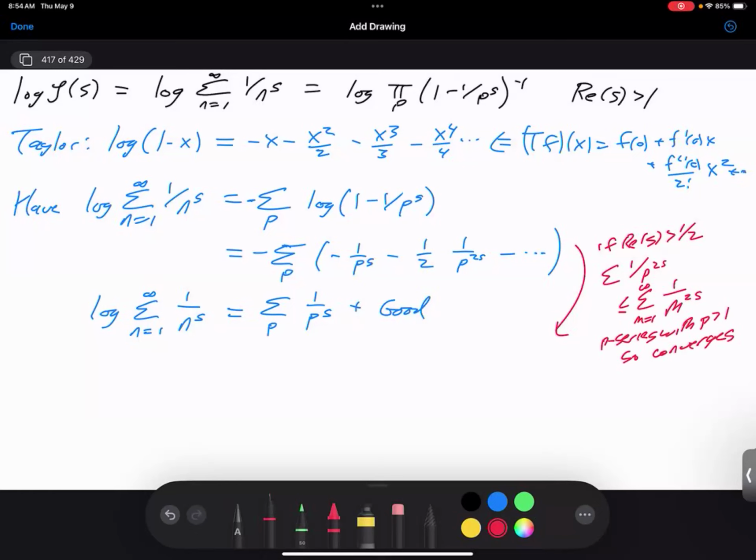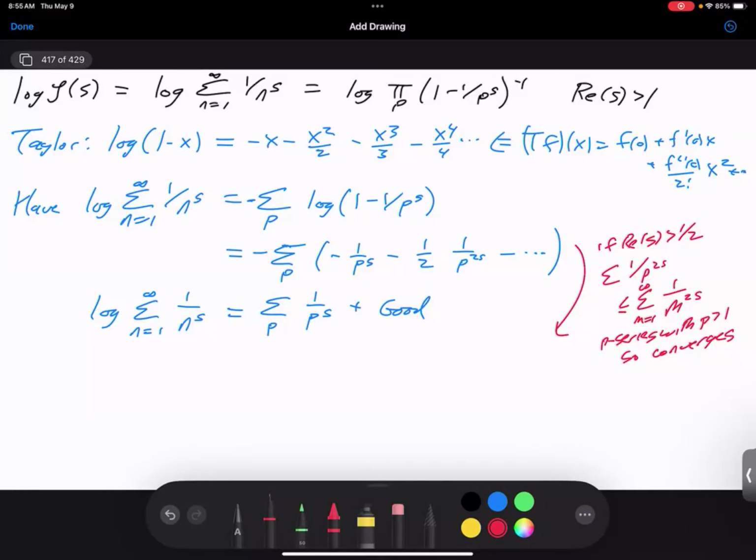So do you agree that as long as the real part of s is greater than 1/2, the sum of 1 over p to the 2s is going to be fine? And then the next one is going to be 1 over p to the 3s. That's going to be fine. And you can show that even though I have infinitely many of them, it's going to be okay. One way you could do it is you could say, look at all the evens, and all the even powers would be dominated by this.